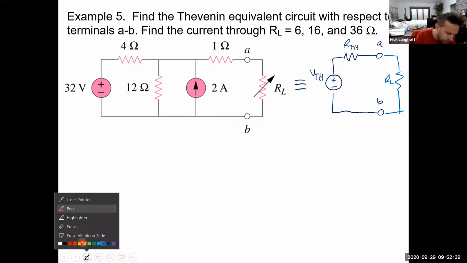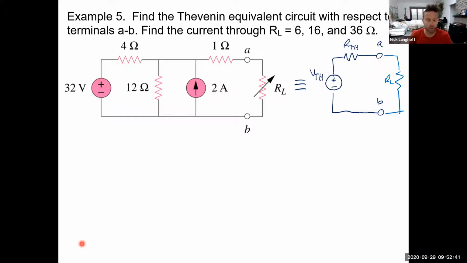So let's find R Thevenin first. It doesn't really matter which one of these you find in which order. They're found independently, and then you know the values of each of these.